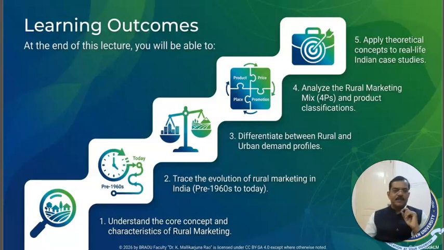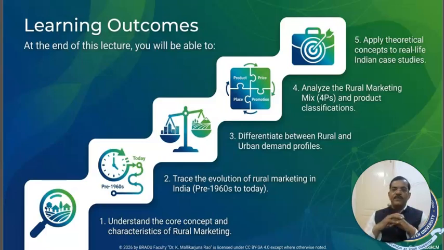it matters. So the learning objectives of this video lecture: the first one is to understand the core concepts of rural marketing and its characteristics. The second objective is the evolution of rural marketing in three different phases, pre-1960, 1960 to 1990, and after 1991.